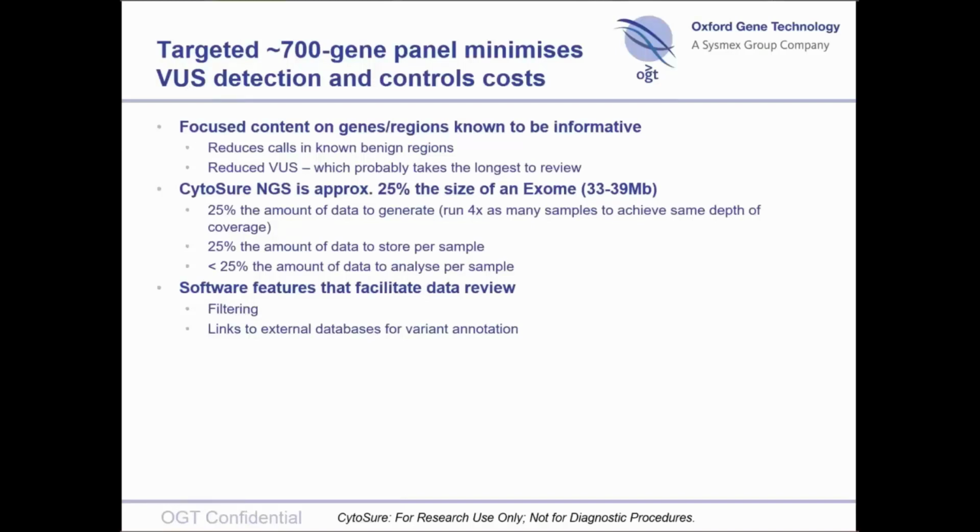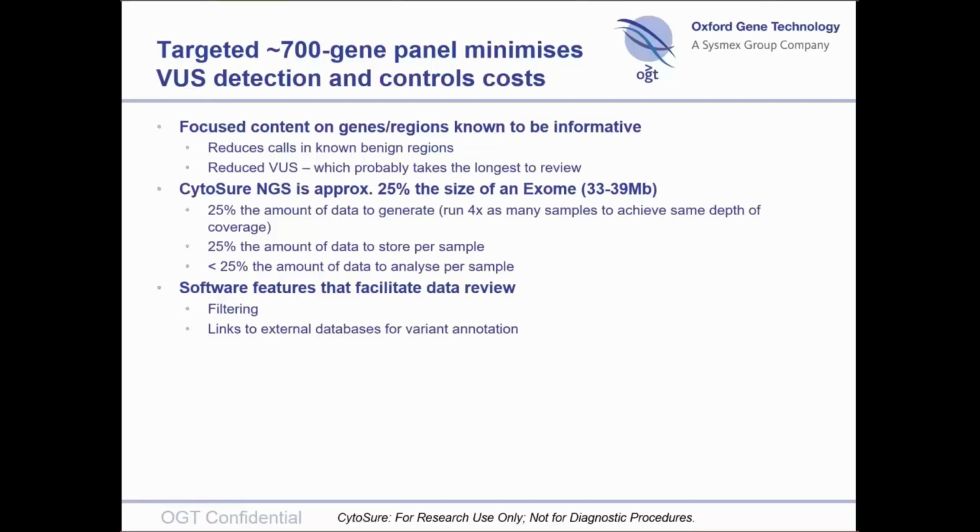And then CytoSure NGS is approximately a quarter of the size of an exome. So you very much reduce the data size and analytical time dedicated to this panel. You save costs on both this data storage and, again, the analyst time.